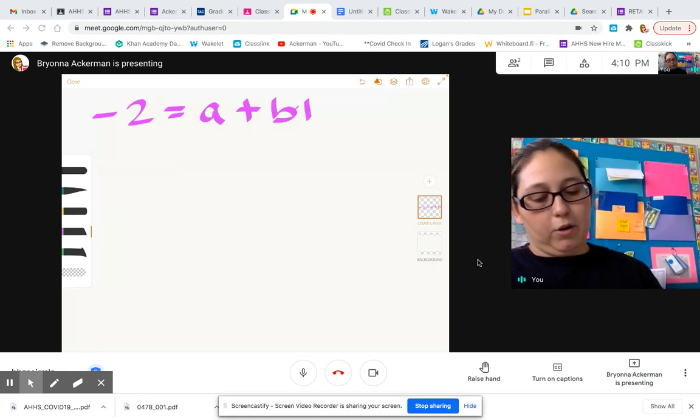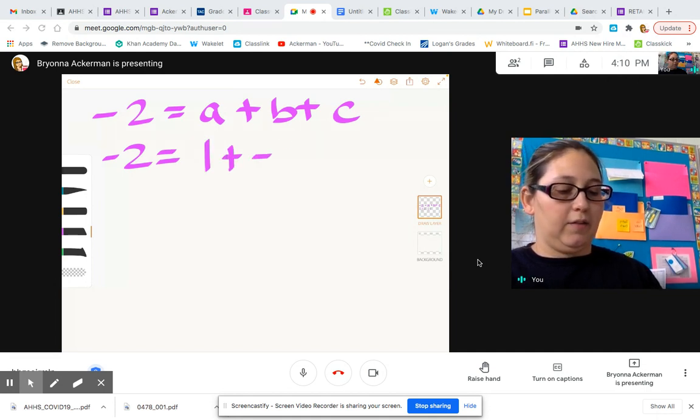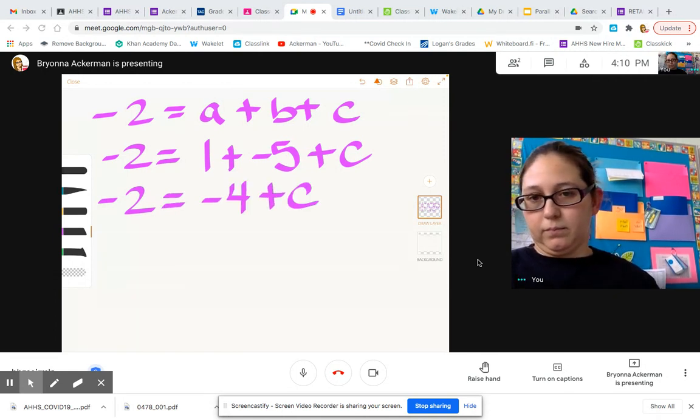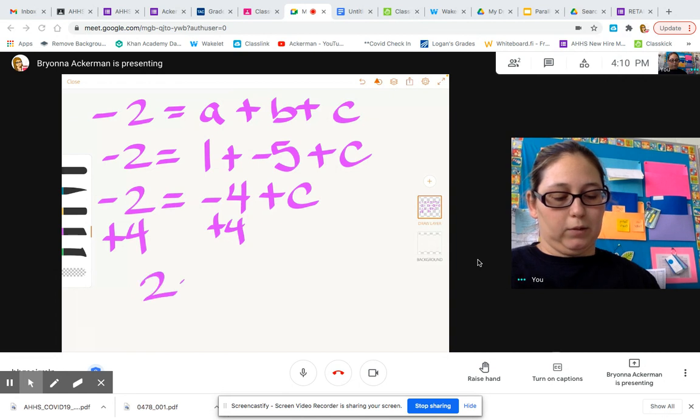But I now know that a is 1, and then b was negative 5, plus c. So I get negative 2 equals negative 4 plus c. I'm going to add 4 to both sides. And so 2 is equal to c.